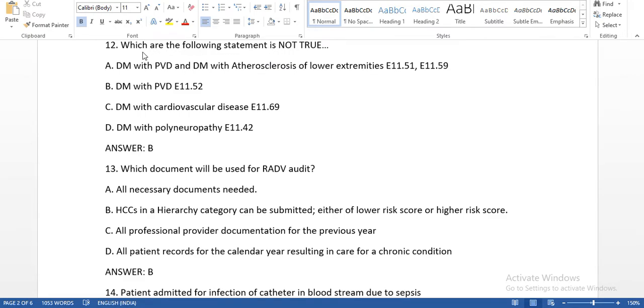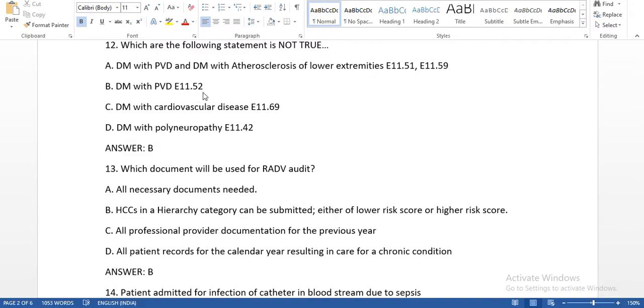So whenever we find this type of question, we need to read the question properly. If there is a "not" in the wording, there may be a chance of picking the correct or wrong answer. So here our answer is B. DM with PVD, usually we will code it as E11.51, but here it is mentioned as E11.52.